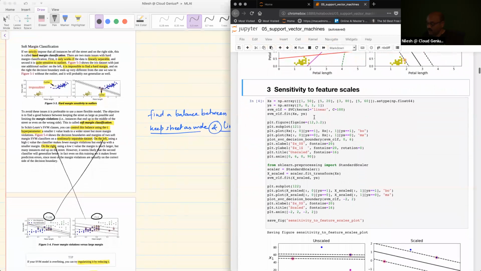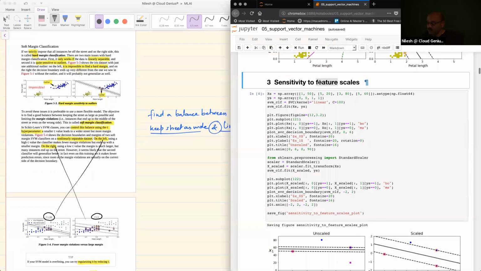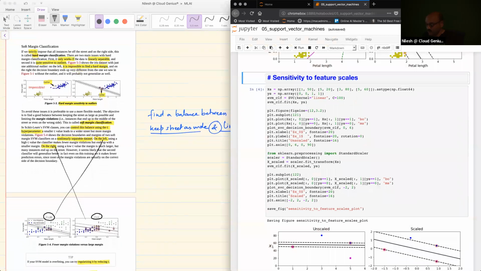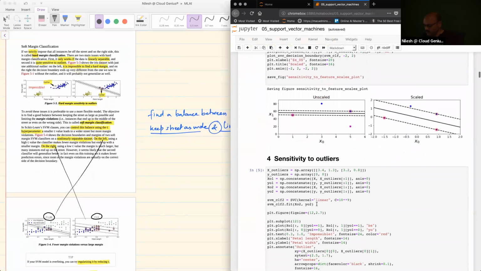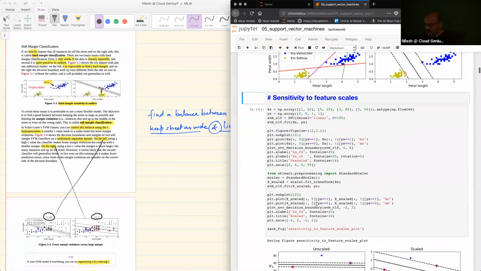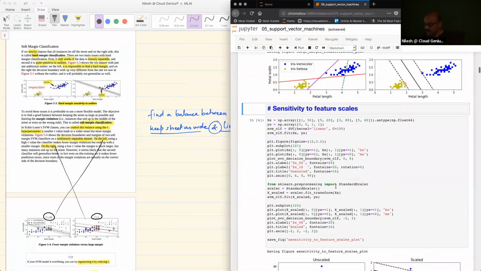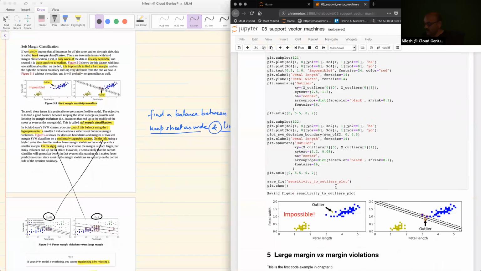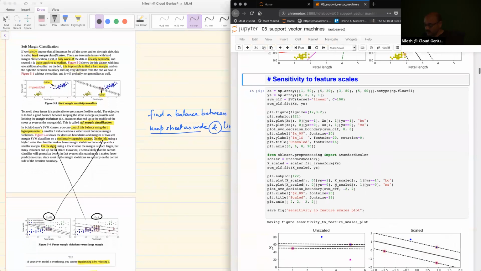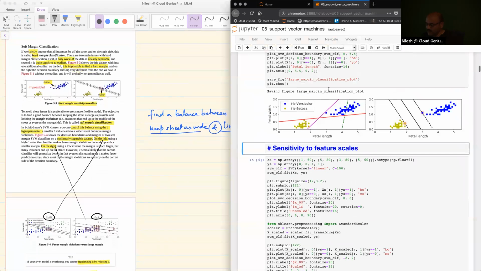So the idea that we are really discussing is sensitivity to feature scales. And we are looking at these two pictures, and we will then also, I think, discuss two types of sensitivity: sensitivity to feature scale and sensitivity to outliers. That's also discussed here. And you will see both of them in illustrations. So let's go execute them in these two illustrations.